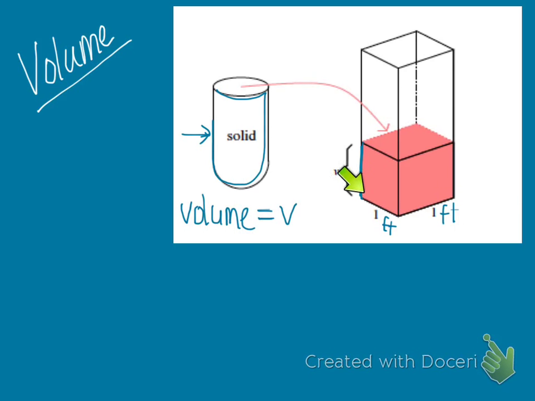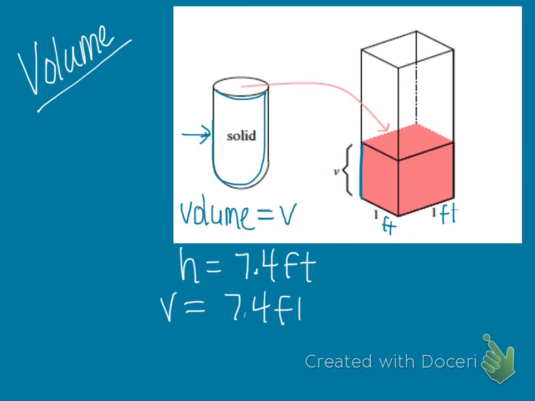So if this height here was, say, 7.4 feet, then the volume would be 7.4 feet times 1 square foot.